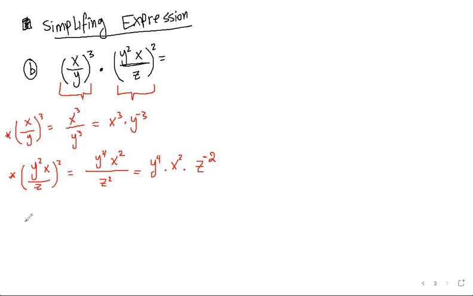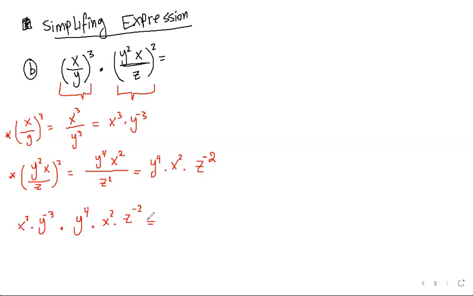So I'll go here: x to the third times y to the minus 3 times y to the 4 times x raised to the power 2 times z raised to the power minus 2.